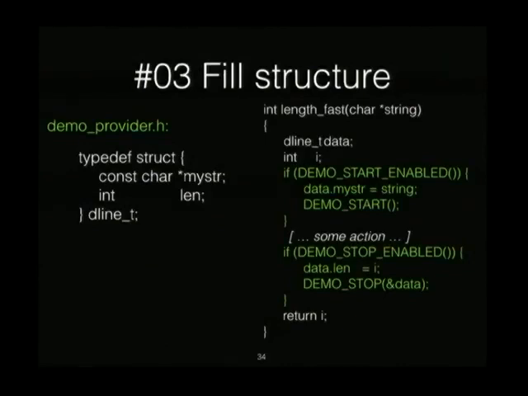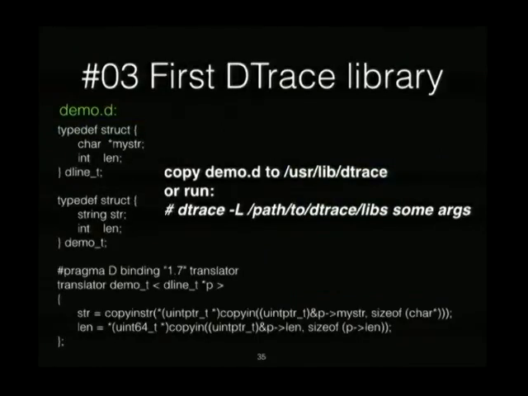This is a structure to see what the code does, and this is the first library in DTrace. You need to move that library into your /usr/lib/dtrace, and in DTrace it will be available for scripting in this path.